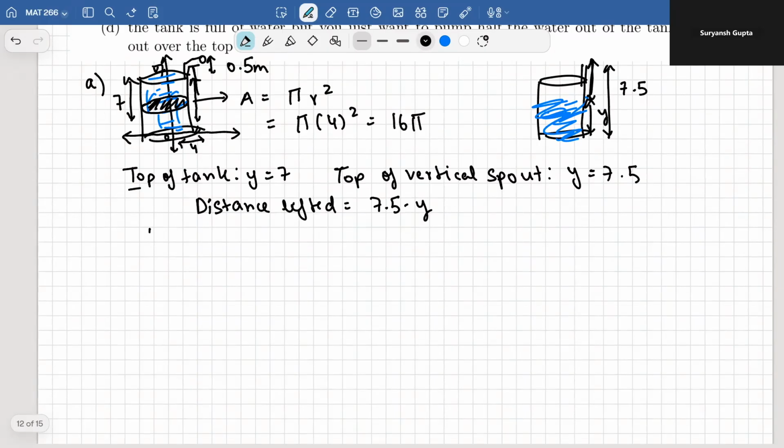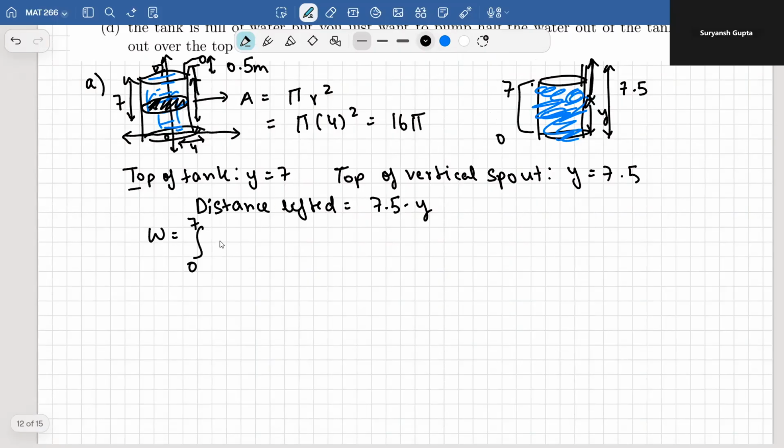When I set up my work, it's the integral going from 0 to 7, because my whole tank here is only from 0 to 7. All the water that I have is only from 0 to 7. I'm integrating essentially every thin slice of the circle, and as a result, it can only go from 0 to 7 and not from 0 to 7.5.